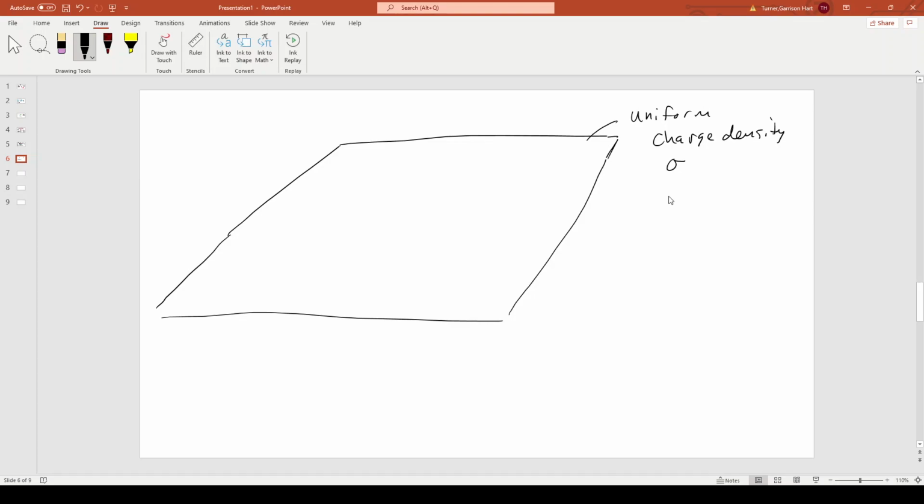Okay, so it has uniform charge smeared all around it. I want to know what the electric field is for this sheet. Okay.